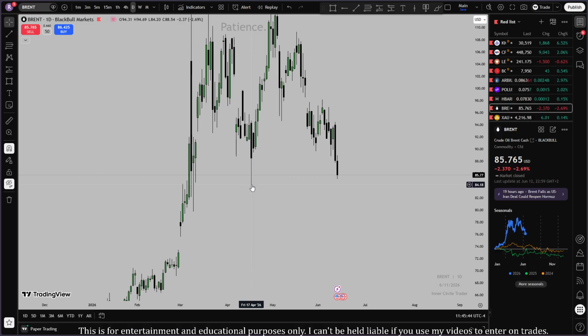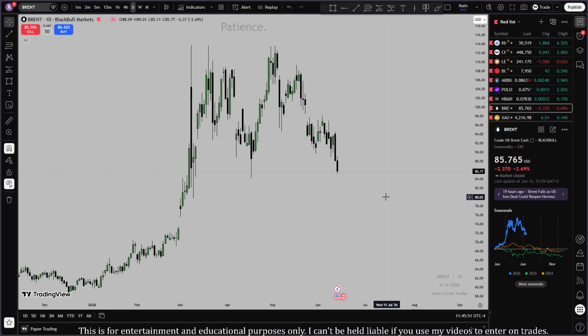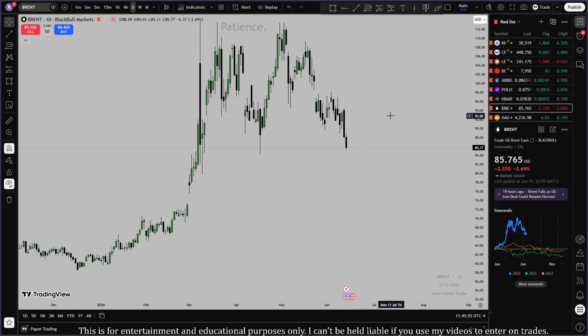I'm feeling that they're gonna come for this low, right? Just there. And then make people think it's going lower. I don't know what they want to think. And then we can see higher prices. This is a bit ambiguous. I'm not writing it off the books.